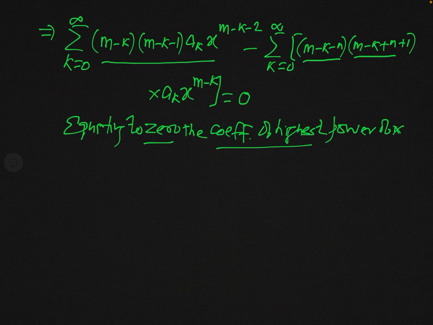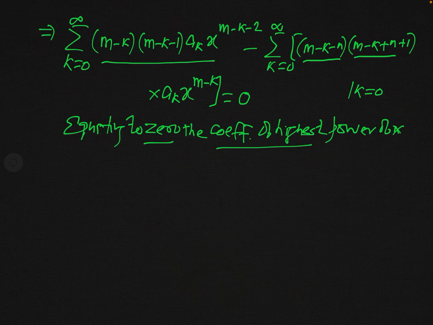You can see what the highest power of x is in this series. Since there is a term m minus k present in each term, when you take the lowest value of k, and you know the lowest value of k is 0, then there will be a term containing the highest power of m.